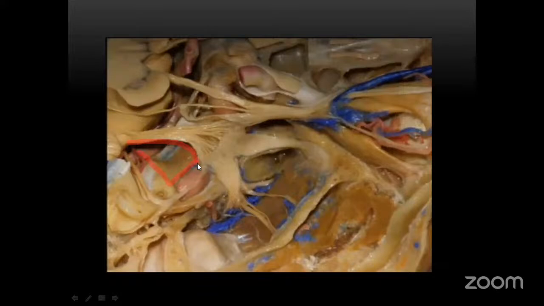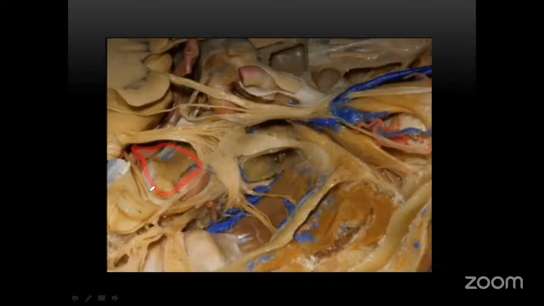I will make it more proper, then it will be good. This area will be our target, and this is called the Kawase area. We call it the anterior petrosectomy, and this is actually the Kawase area.